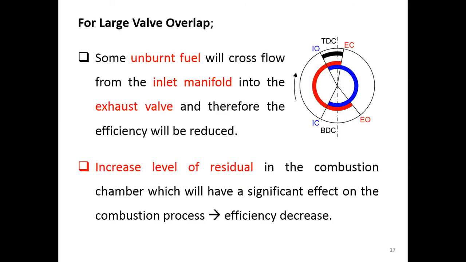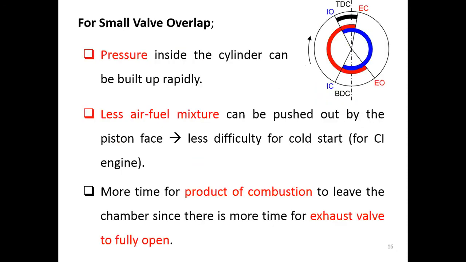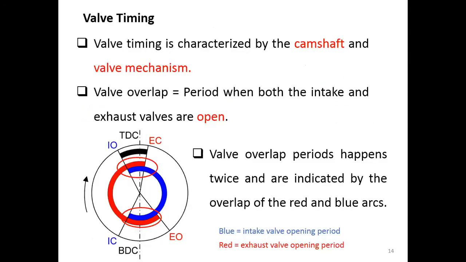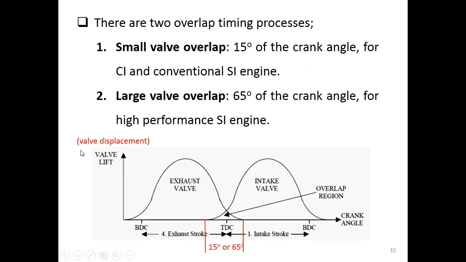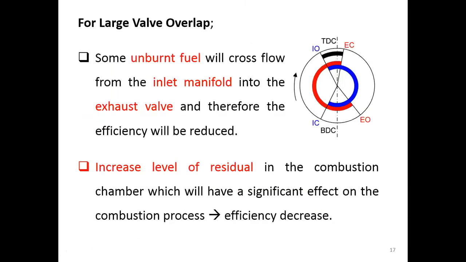I talk about this so that you will not be confused, because in the previous slide we said large valve overlap is for high performance SI engines, and people might think, high performance? Here, efficiency is reduced. Wow, so how can it be high performance?